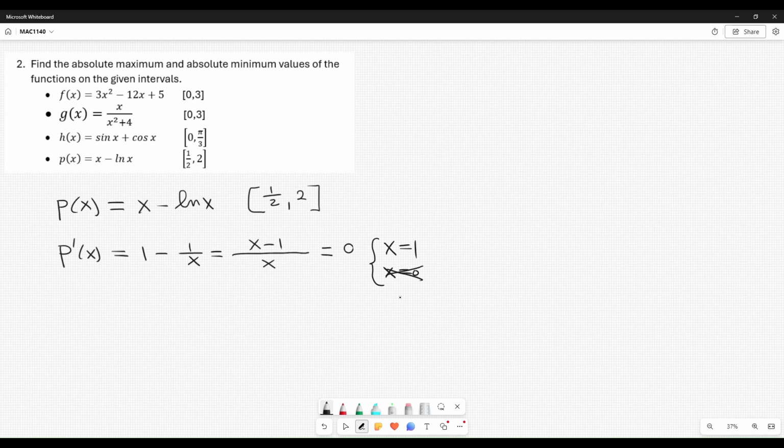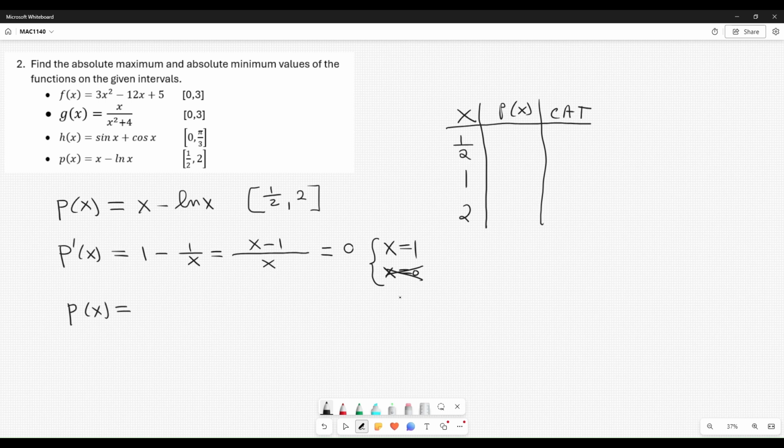Okay, ready? Do the table. X, P of x, and category. And the numbers involved in the problem are 1/2, 0.5, 1 and 2. And you evaluate the original P at those points.